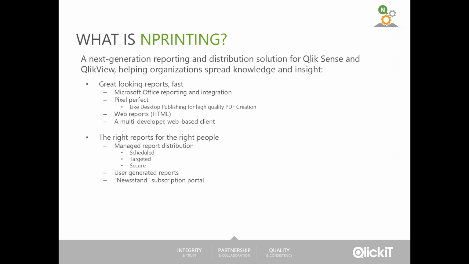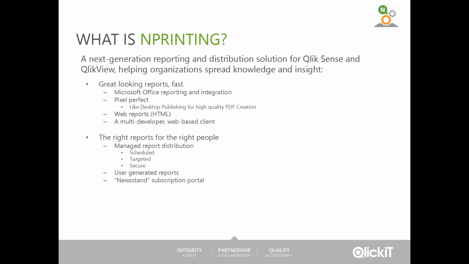It makes sure that you get the right reports to the right people. So what we've got is managed report distribution, already built into NPrinting. So you can schedule reports to run at a certain time of day. You can target the reports, so person A only gets department A, person B gets department B. And although the data that NPrinting is taking is combined, it will split them out and make sure that those people only get the areas that are relevant to them.